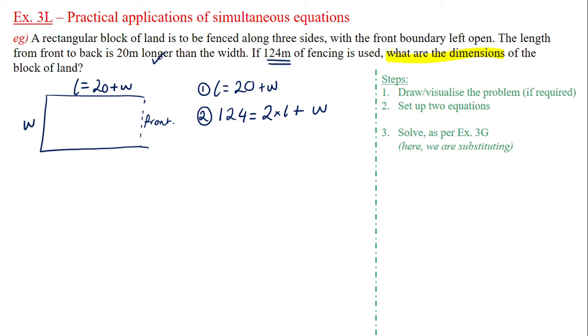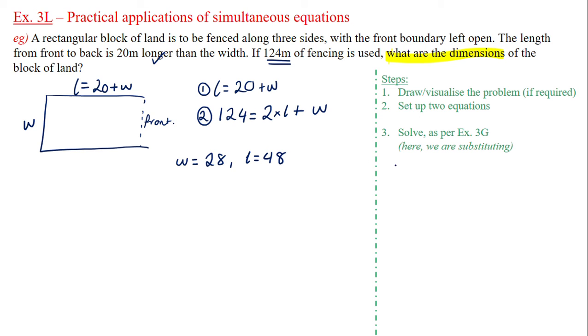We now solve these as per exercise 3G. We can substitute these if we want to work by hand. If you would prefer to use your CAS, however, your CAS will spit out the solution for you. W equals 28 and L equals 48.